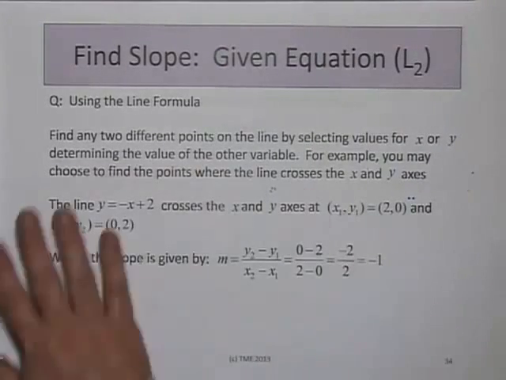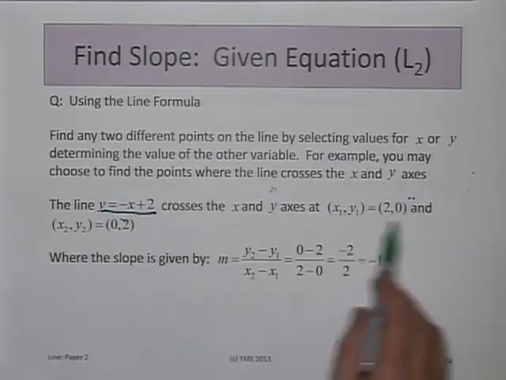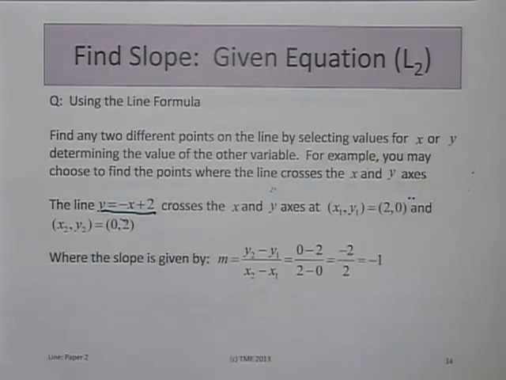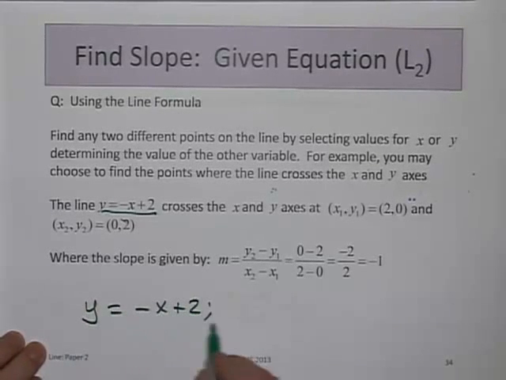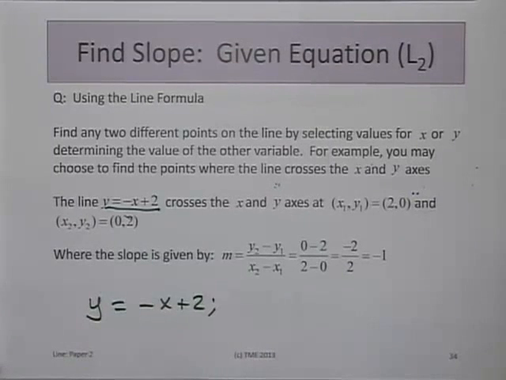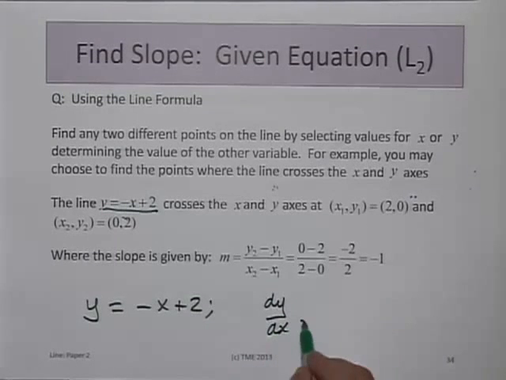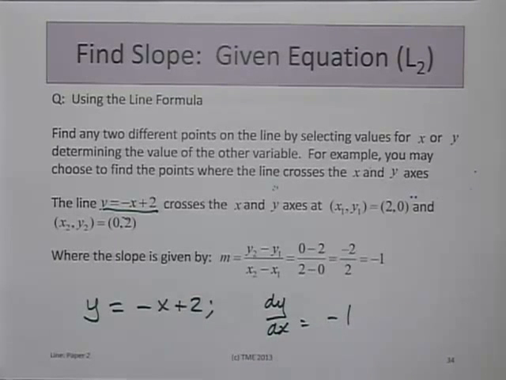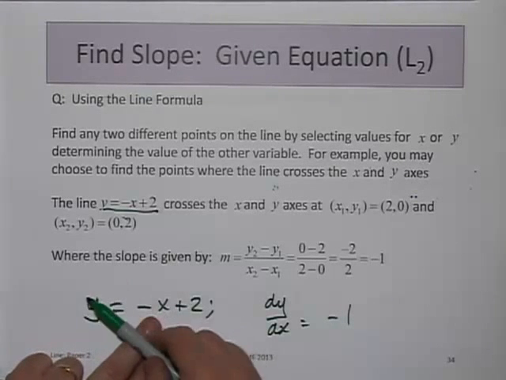Find the slope, exactly the same. You've got the equation. You can get 2 points if you wanted. But if I had the equation y is equal to minus x plus 2, how would I get the slope? Well, what's the slope? dy dx. And dy dx would be minus 1. Or I could say, get a value. When x is 0, what's y?